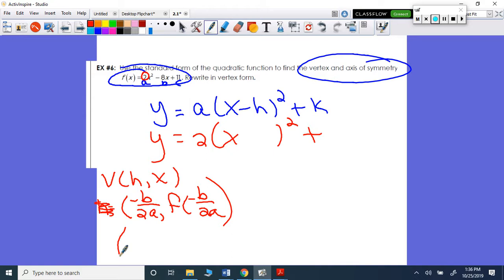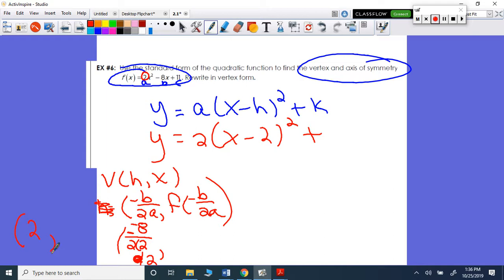Anybody know? So negative 8 all over 2 times a, which does not give me 4. That gives me 2. So that tells me my h is 2 because my vertex is (h, k).